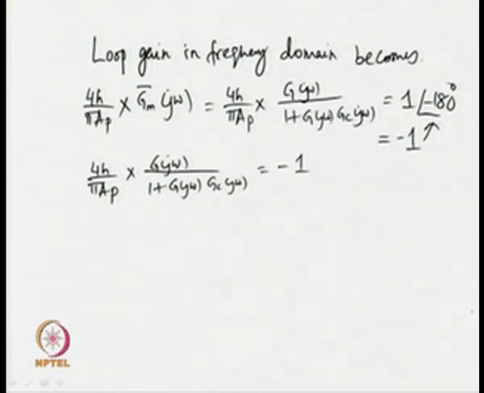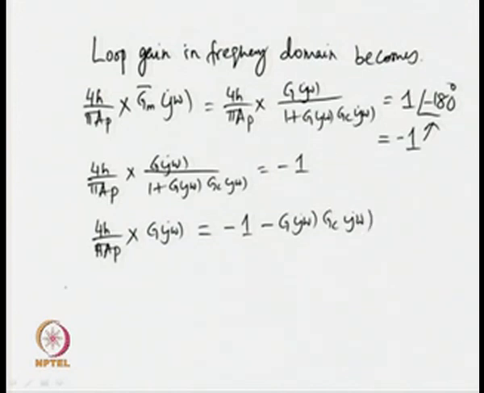So, now cross multiply and obtain the terms: 4H by pi AP times G(j omega) is equal to minus 1 minus G(j omega) GC(j omega). Okay.